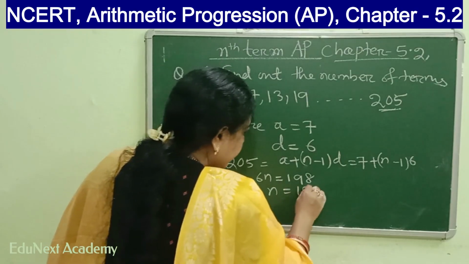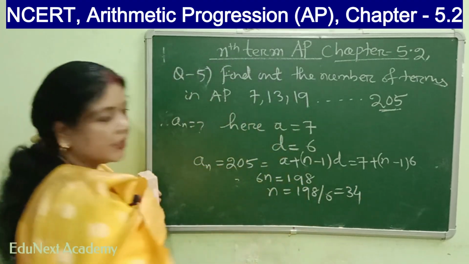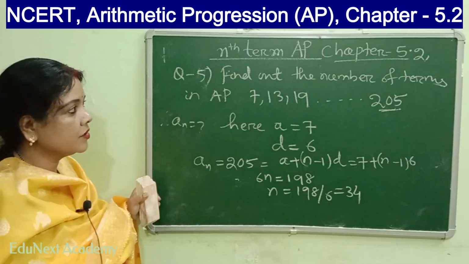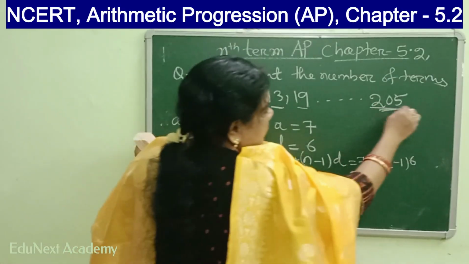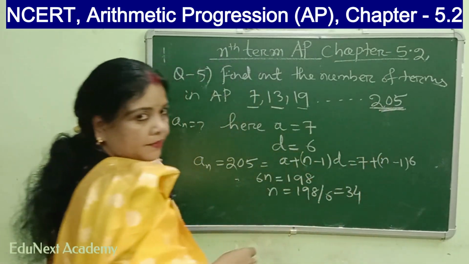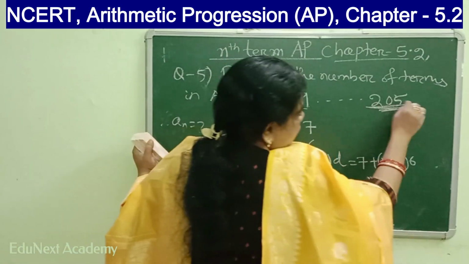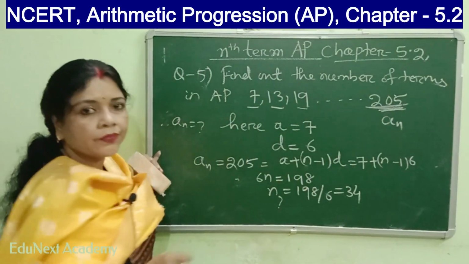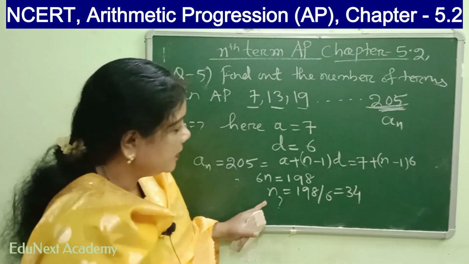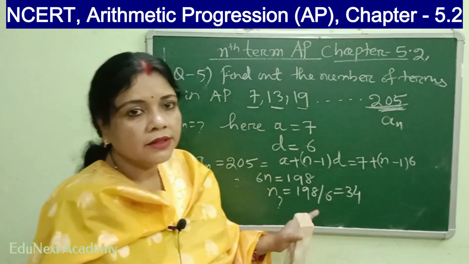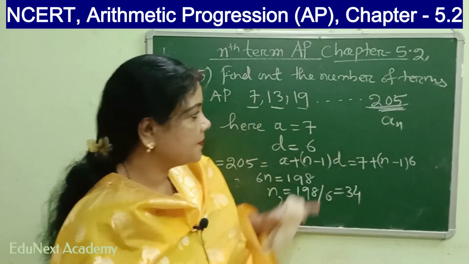So n is equal to 198 by 6. So the answer is 34. Altogether there are 34 terms. This is the first term, this is the second and third, and at the last term you will get 205. So we have to calculate n, and this last term is nothing but an. We know an, we know a, we know the difference, so we can calculate n. So there are altogether 34 terms in the sequence if the sequence is given like this.